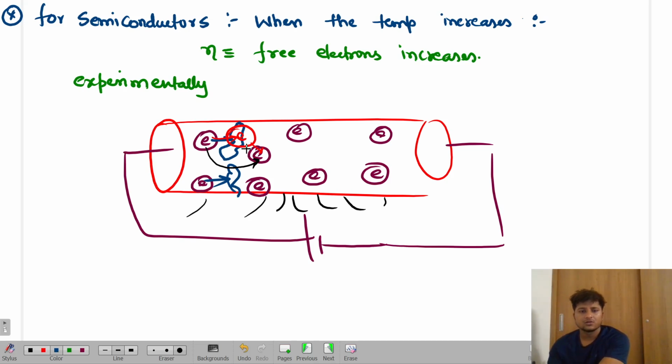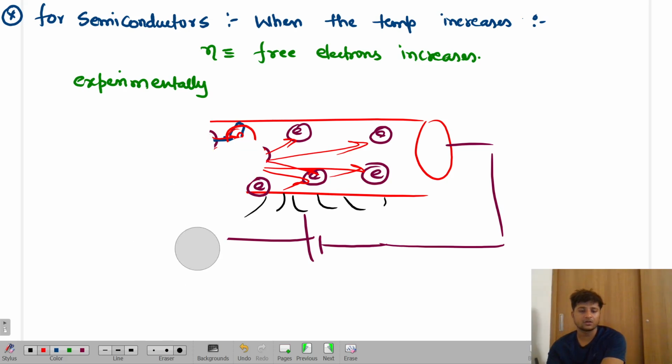If I increase the temperature, the vibration increases and a greater number of free electrons are generated. That is why I am writing that as temperature increases, free electrons increase. So when a free electron has appeared over here, this electron will collide with this electron, and collisions will start happening. And as these collisions start happening, the material will start conducting electricity further or not.